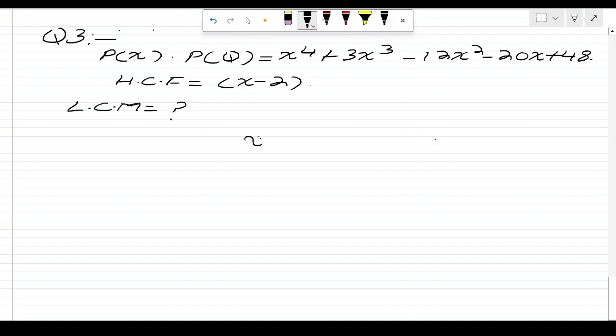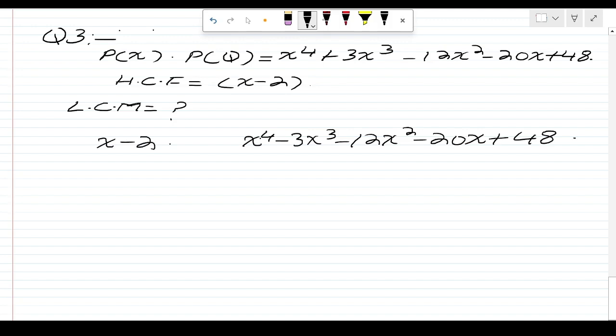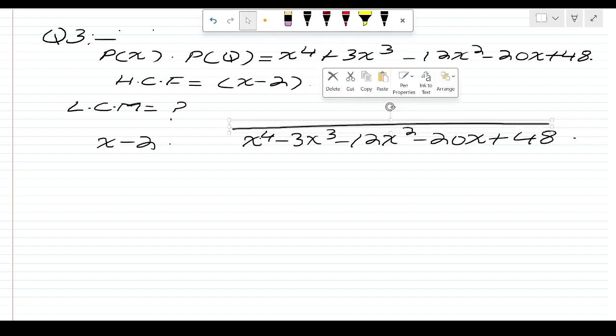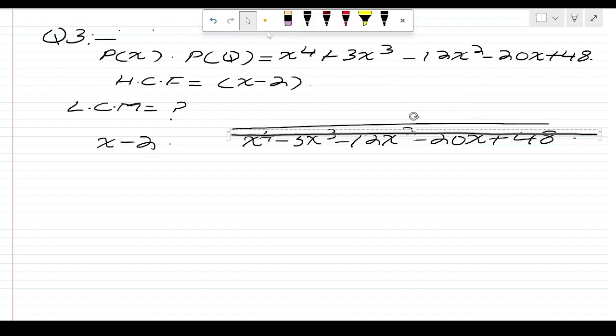I'll write here x power 4 plus 3x cube minus 12x square minus 20x plus 48, and then outside we're going to write x minus 2. Then we're going to put this line here, select it, and turn it into a vertical line.